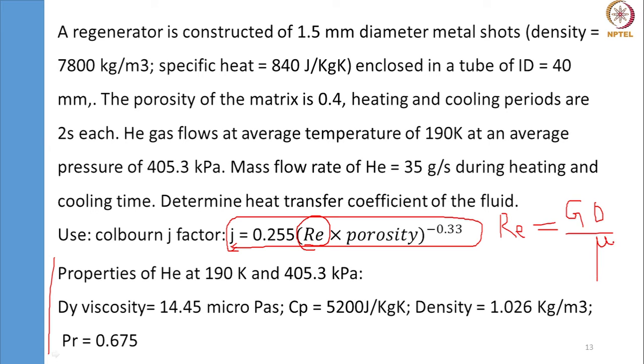The denominator, dynamic viscosity, is known. So we are required to find the mass velocity G. This diameter is also known. This corresponds to the diameter 1.5 mm. So we are now down to one problem of finding G, that is mass velocity.